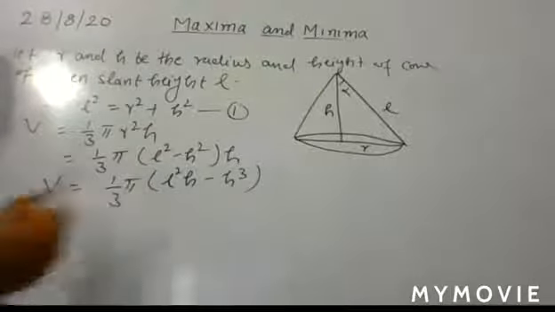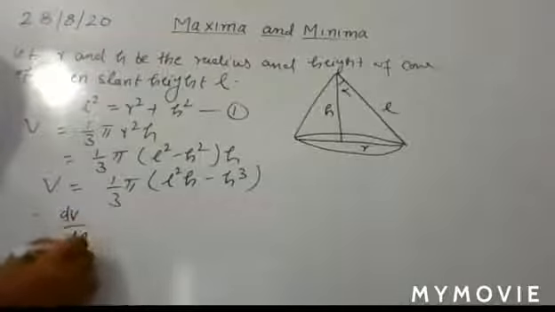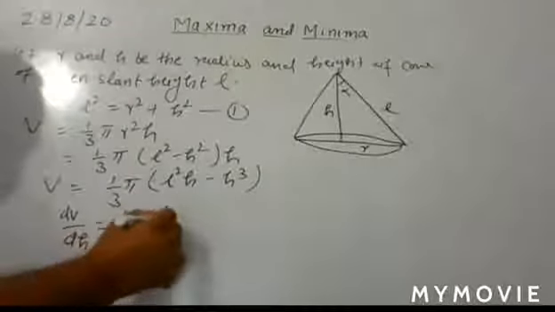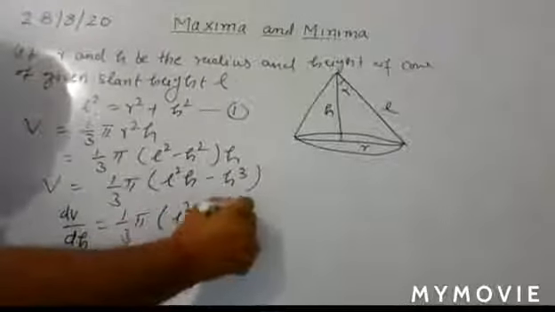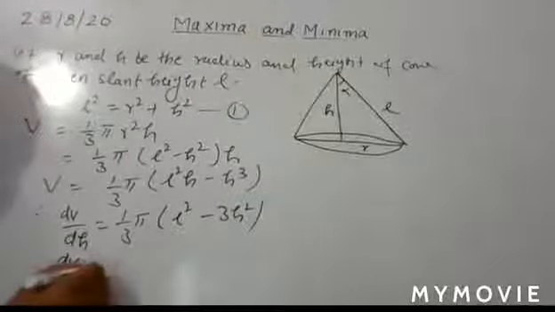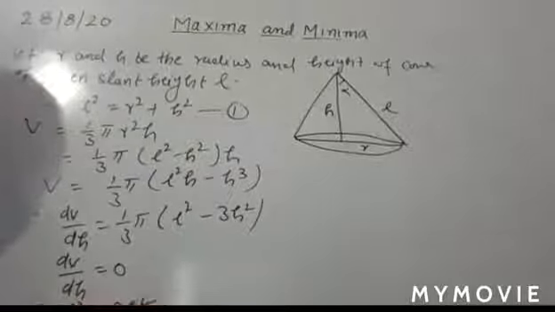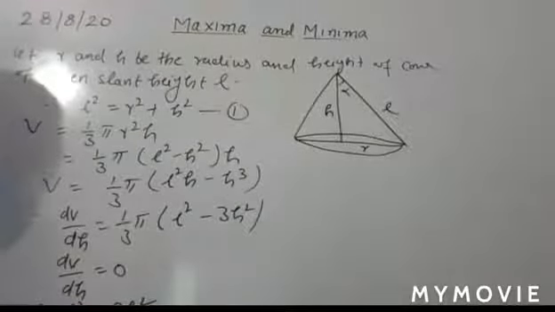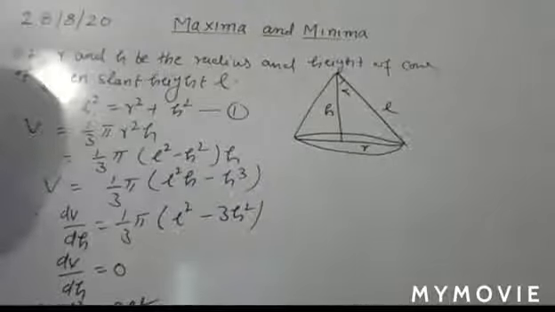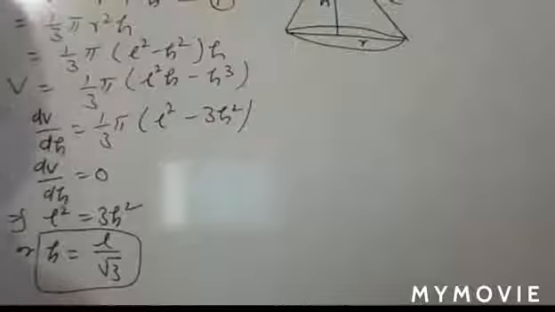So you differentiate with respect to H. So dV by dH is equal to 1 upon 3 pi into L square minus 3H square. dV by dH equal to 0 implies L square is equal to 3H square, or H is equal to L by root 3.